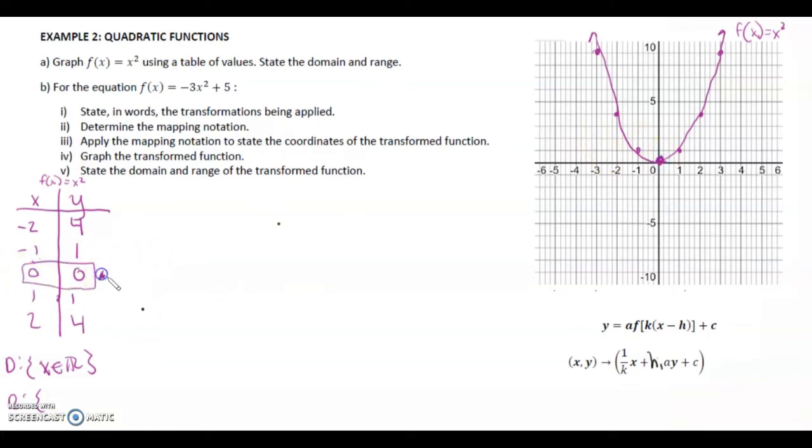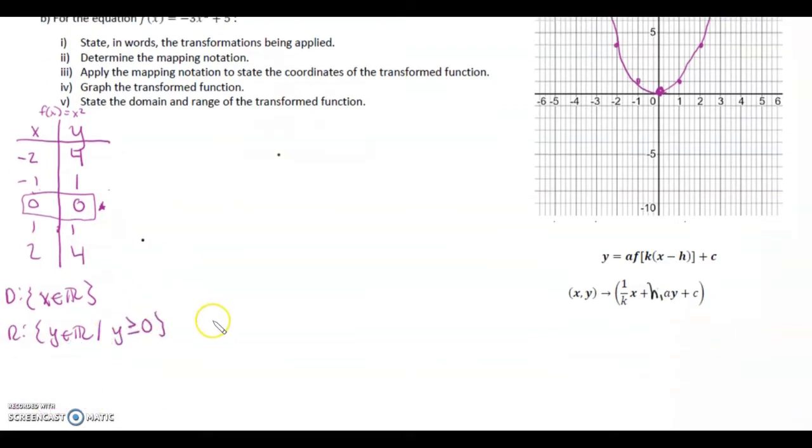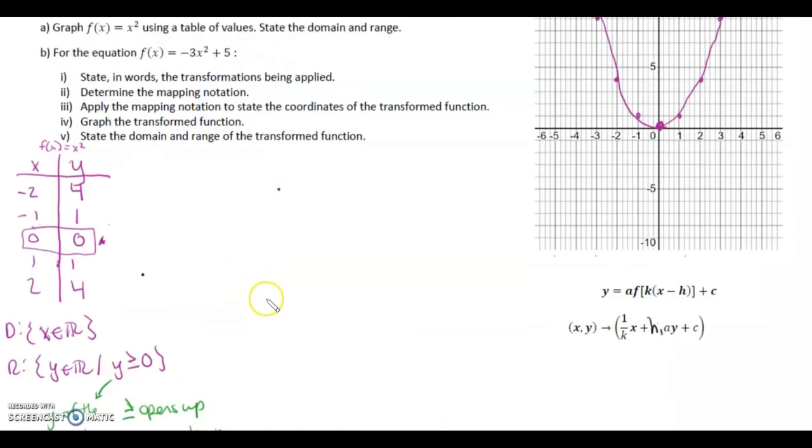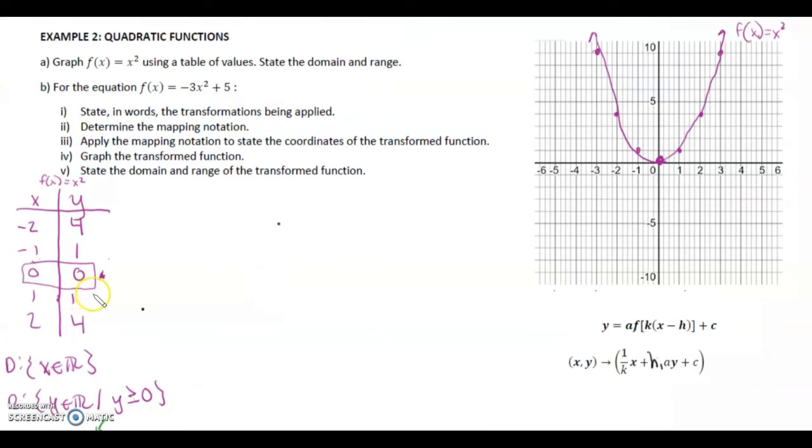So we use the y coordinate of the vertex. So y ∈ R such that y is greater than or equal to 0. And the greater than or equal to sign comes from whether it opens up or down. It's greater than if it opens up, and it's less than if it opens down. And this y is the y of the vertex. So that's the rule.